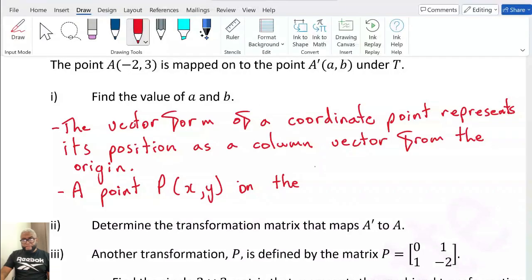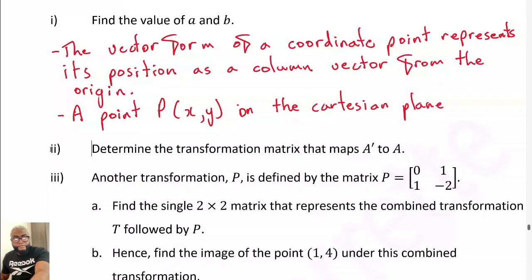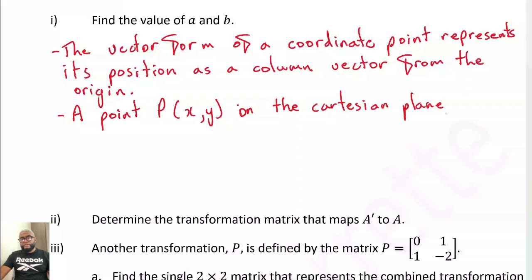The Cartesian plane is just your x-axis and y-axis.